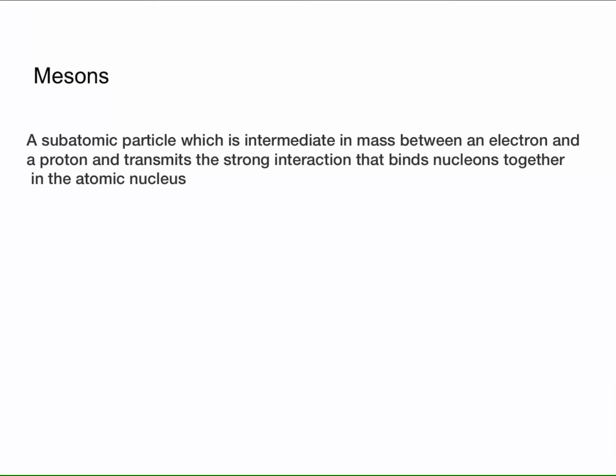Okay, a meson is a subatomic particle which is intermediate in mass. The leptons were the really tiny ones, the really high energy but really small particles. These are medium mass particles. Granted, these are still subatomic particles, so they're still tiny, but they're somewhere between the mass of an electron, which is itty-bitty, and the mass of a proton, which in the atomic world is rather large.